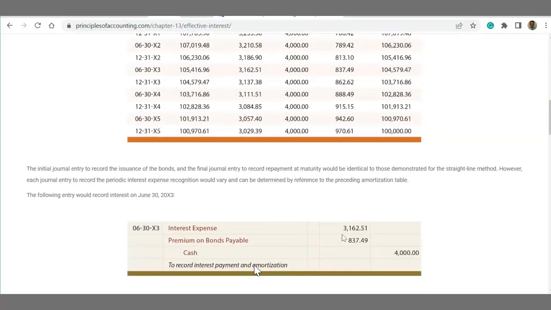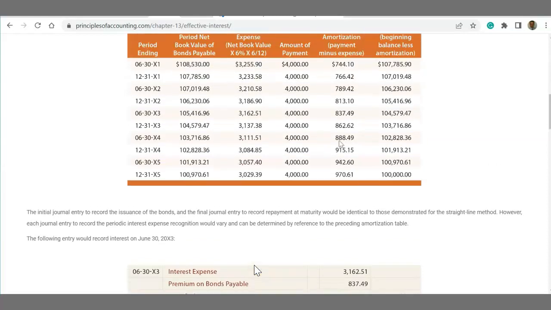So here we go. Interest expense is 3,162.51. I know I'm going to pay $4,000 no matter what. So this box equals that 4,000 minus this box, enter, and then 837.49. It will be a plugged-in number, whatever it might be. And that's exactly here, 837.49 for the first part of year 3.